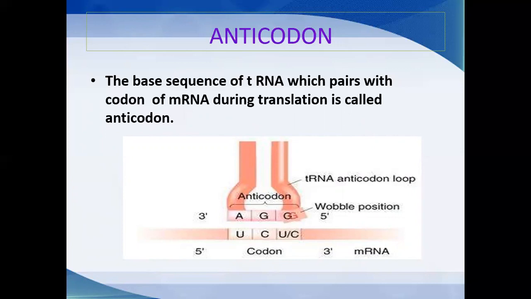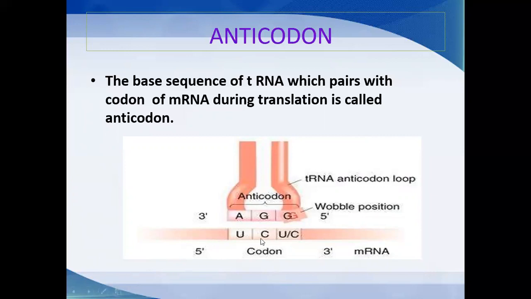But how is the codon different from the anticodon? Codons are present in mRNA, but anticodons are always present in tRNA, never in DNA. Codons are written in the 5' to 3' direction, whereas anticodons are usually written in the 3' to 5' direction.